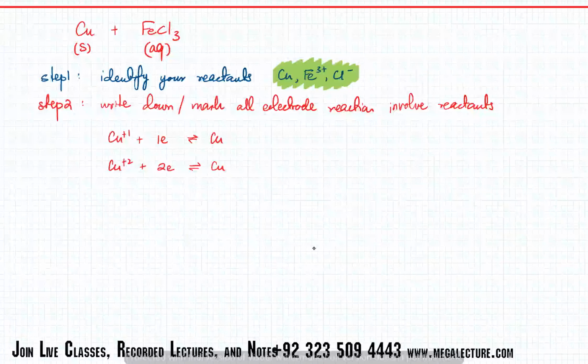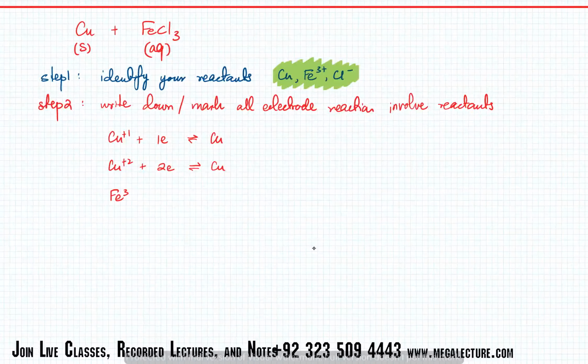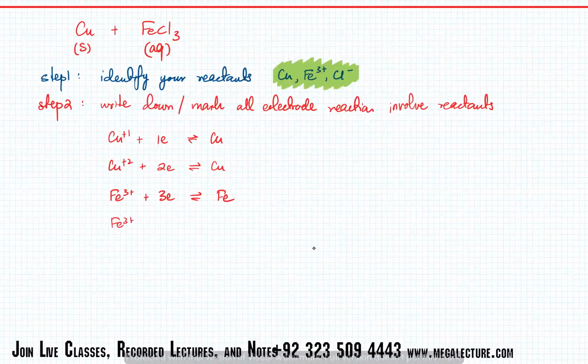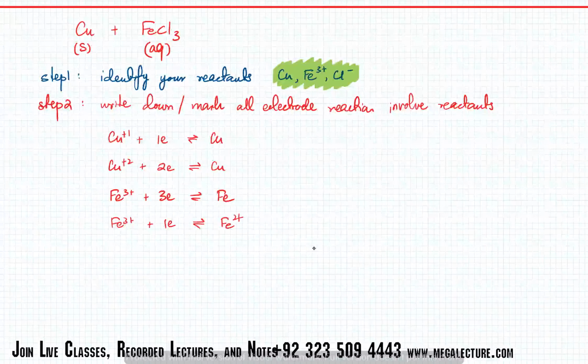For Fe3 plus in the data booklet, I also had 2. I had Fe3 plus in equilibrium with 3 electrons forming Fe. There was another one, Fe3 plus gaining just 1 electron, and that would form Fe2 plus.